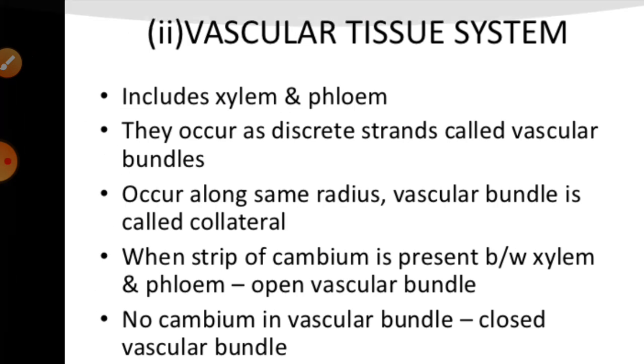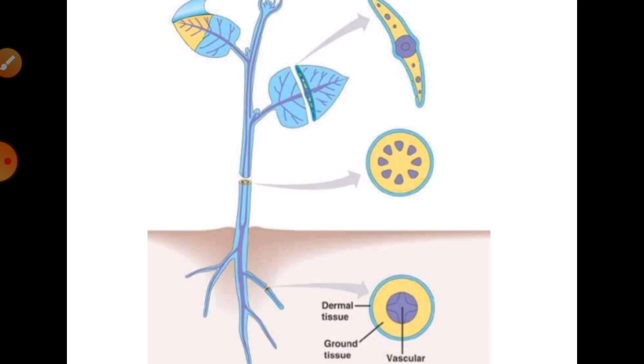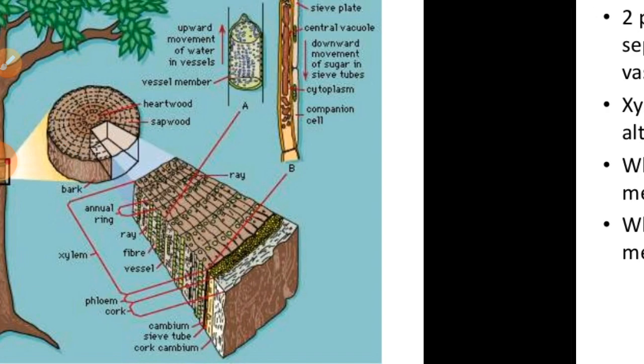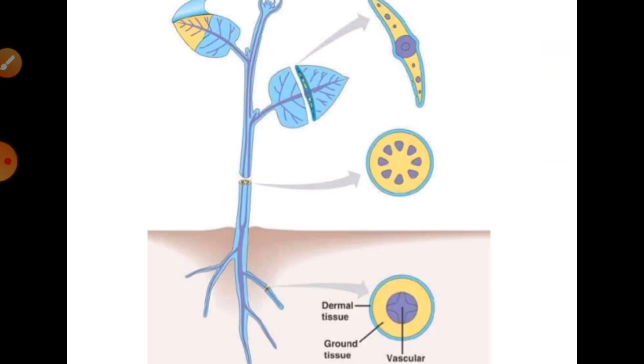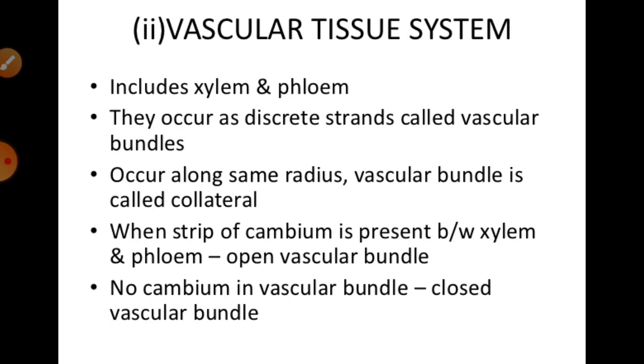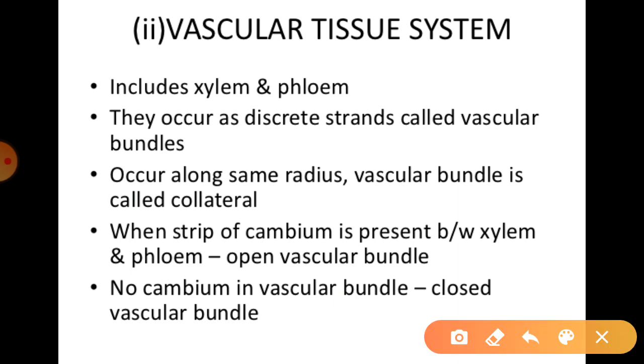Evenly, if we talk about the basis of the arrangement of xylem and phloem in the vascular bundles, right? There are three types of vascular bundles found there.